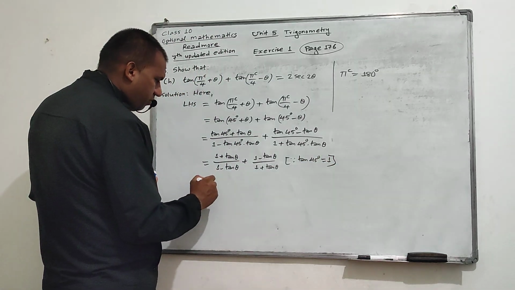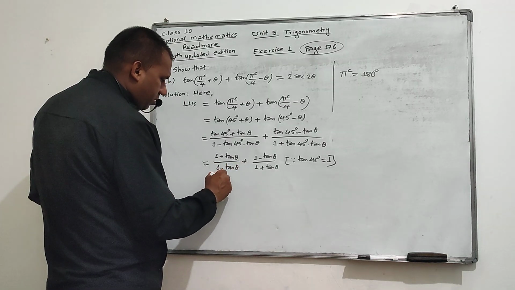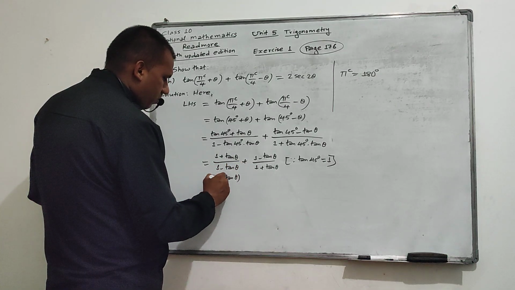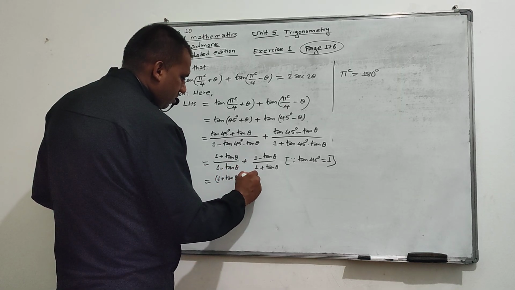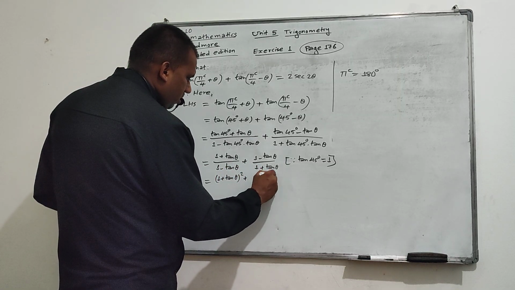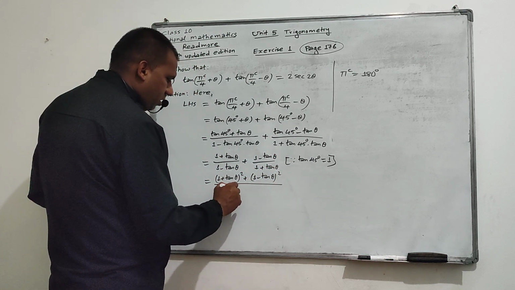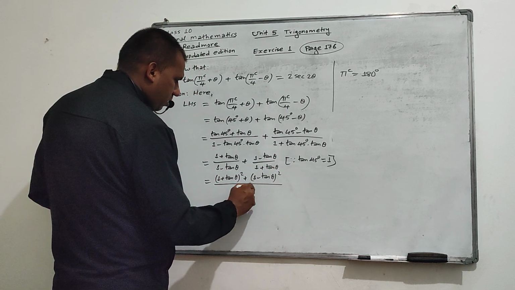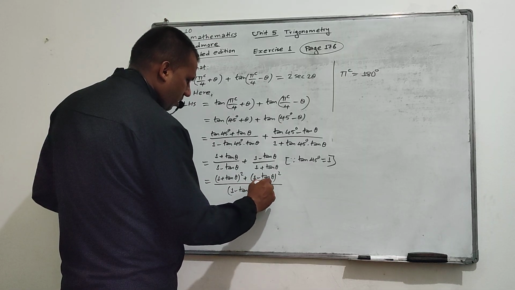Now taking LCM, 1 plus tan into 1 plus tan, 1 plus tan theta whole square, plus 1 minus tan into 1 minus tan, 1 minus tan theta whole square. Whole upon LCM, which is 1 minus tan theta, 1 plus tan theta.